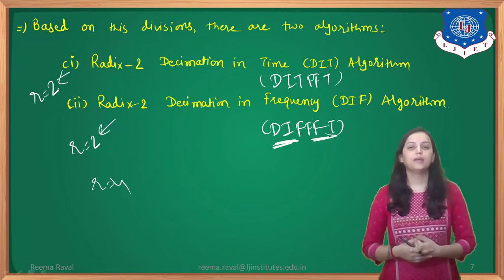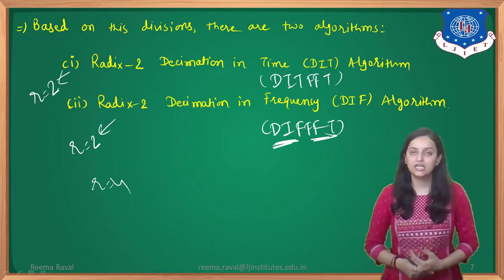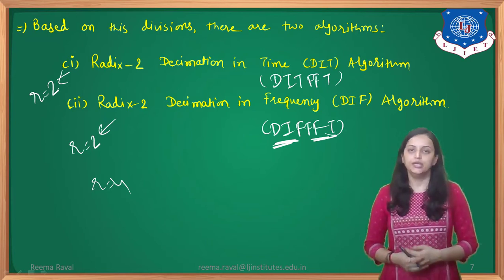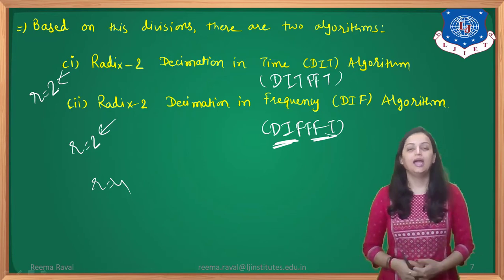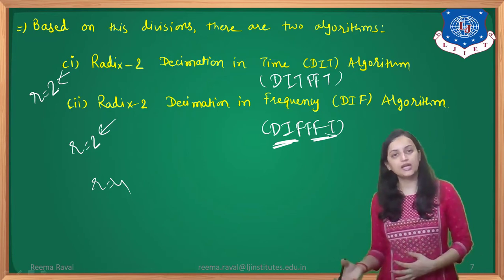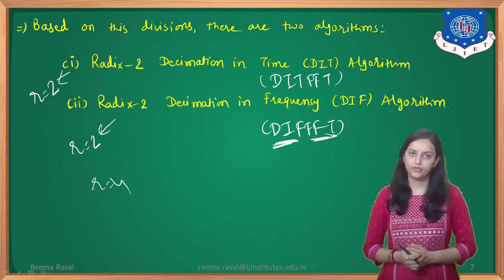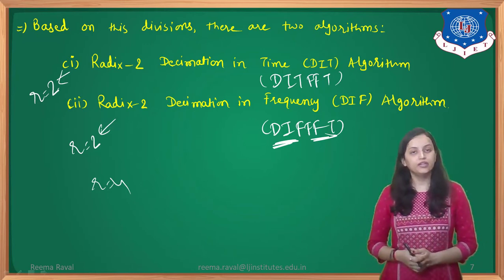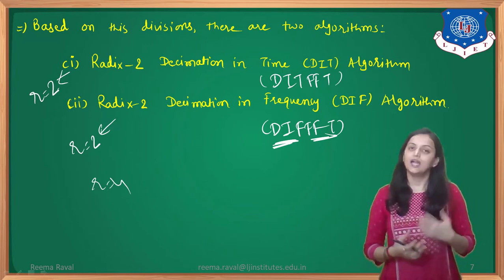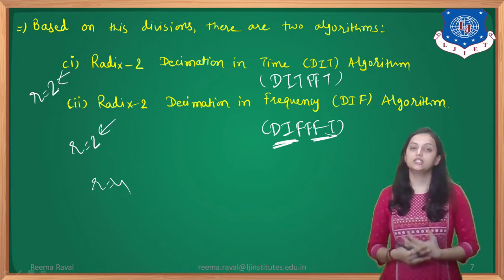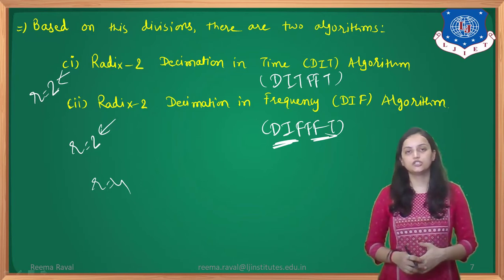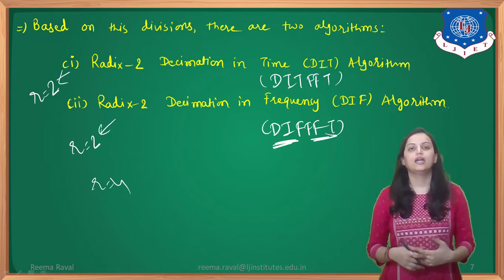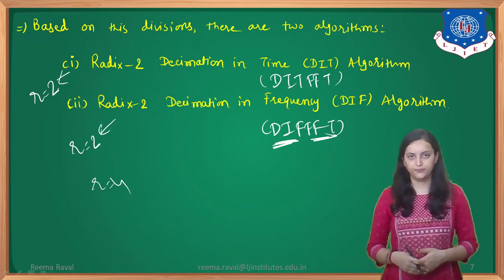These are the two main algorithms that we are going to see in the upcoming sessions. We will see the structures for radix 2 decimation in time and radix 2 decimation in frequency. We will call it a butterfly structure, and why we call it that, we will understand after seeing the structures of radix 2 DIT FFT and radix 2 DIF FFT.